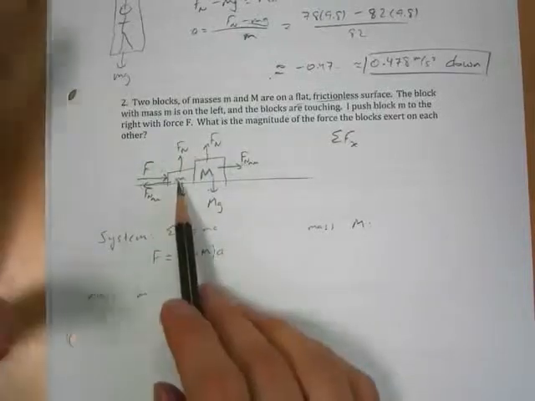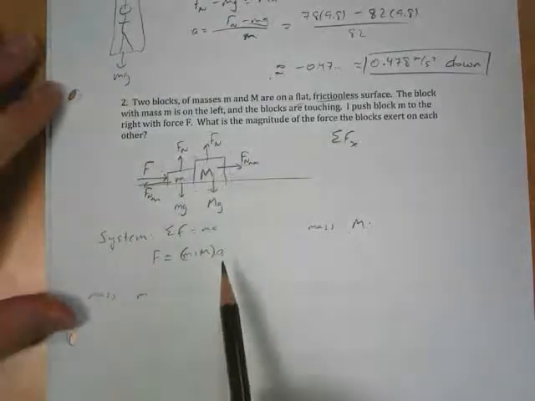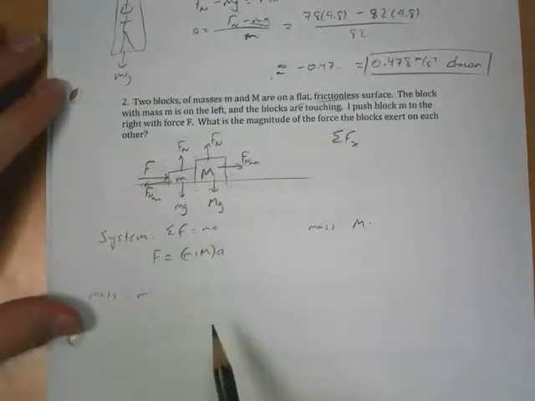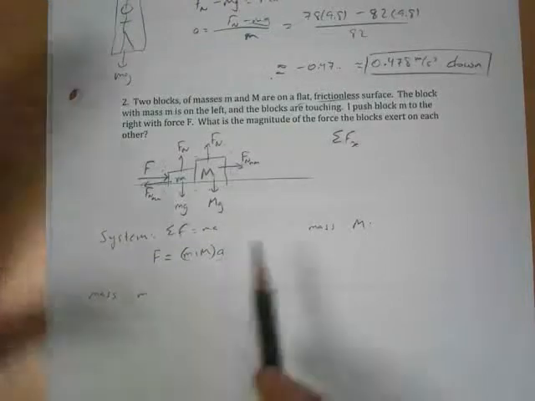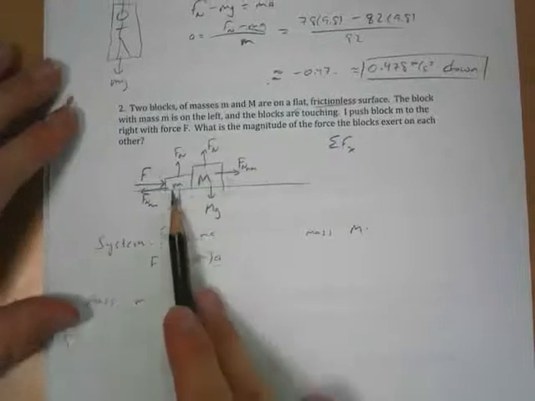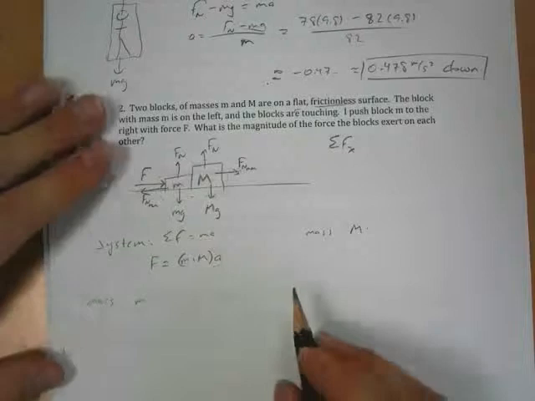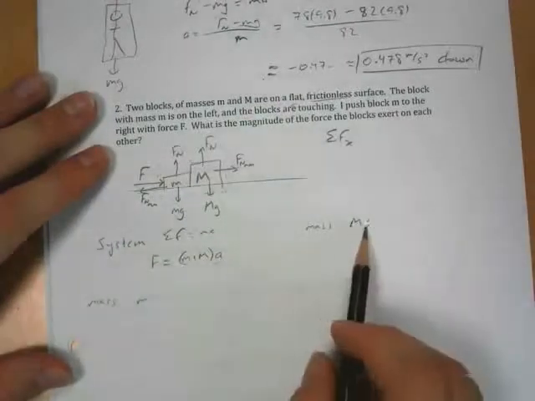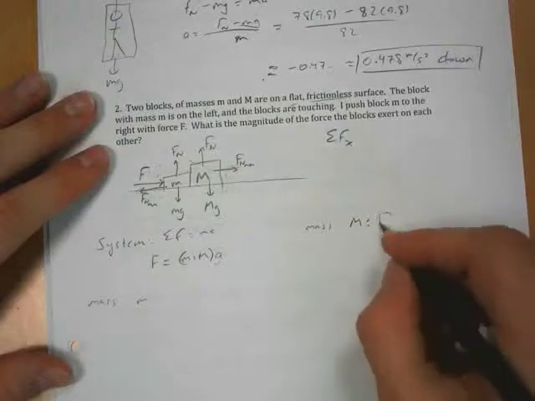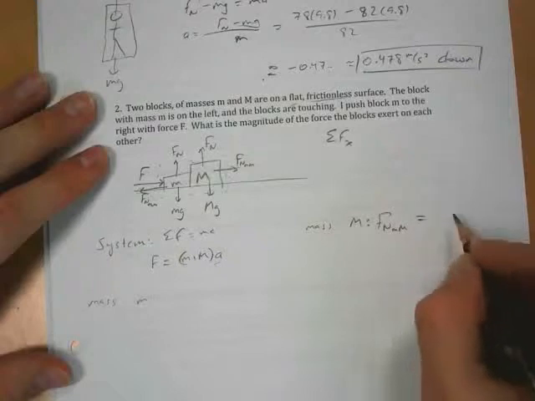Now, since the blocks are touching each other, they can be treated essentially as one object, so the acceleration is going to be the same for each block. Mass little m can't accelerate at a different rate than mass big M. If we consider mass M, there's only one force acting on it: the normal force from little m on big M, and that's equal to mass times acceleration.